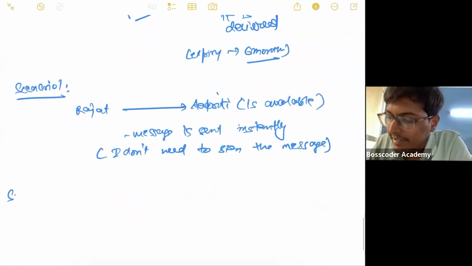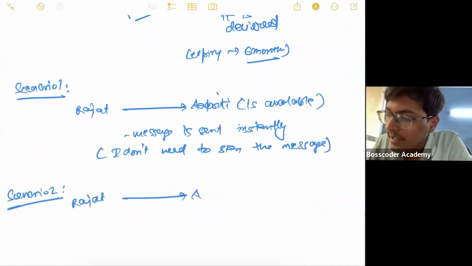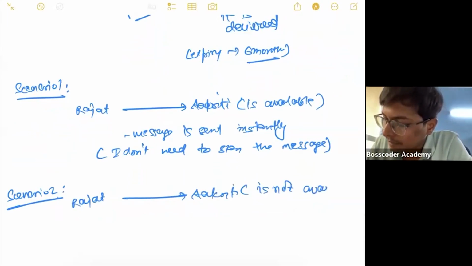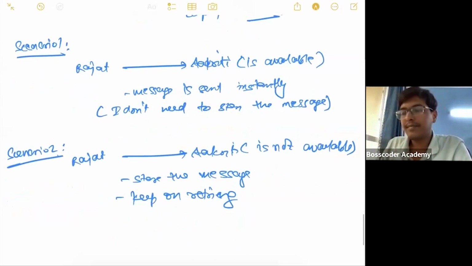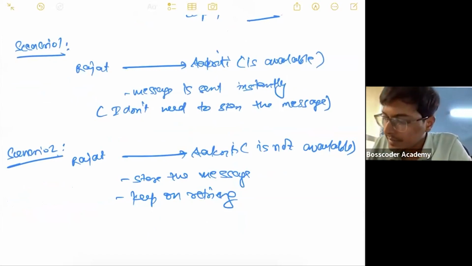Right? The second scenario is that Rajat sends the message to Akriti, but Akriti is not available. So I have to store the message in this case and keep on retrying. Does this make sense? I have to keep on retrying, let me send this message, let me retry sending this message, right? In this case, I have to store the message.